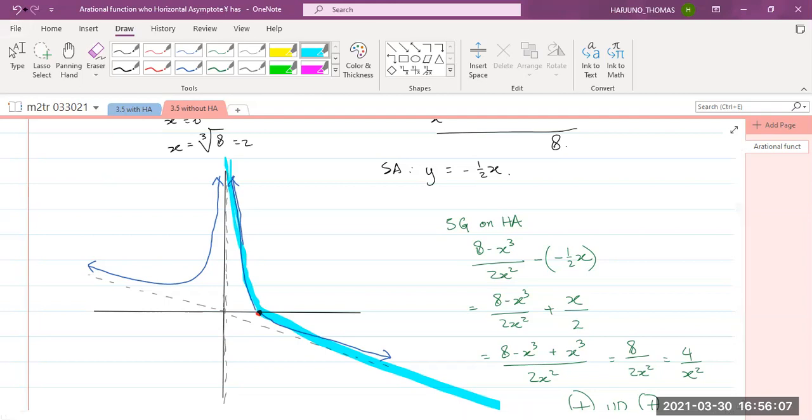Remember the idea of far-end behavior, right? This horizontal asymptote, slant asymptote, and curvilinear asymptotes give us the far-end behavior. So the range here is all real numbers. That's right, the range here is all real numbers.